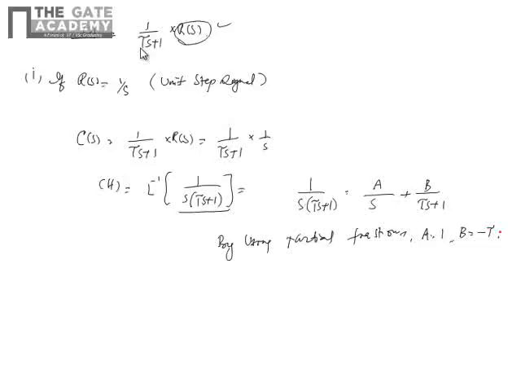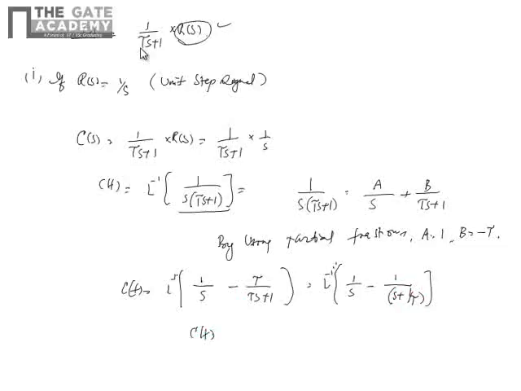Now substitute the values: c(t) equals inverse Laplace of 1 by s minus tau by tau s plus 1. The tau cancels, giving 1 by s minus 1 by s plus 1 by tau. So c(t) equals 1 minus e power minus t by tau.